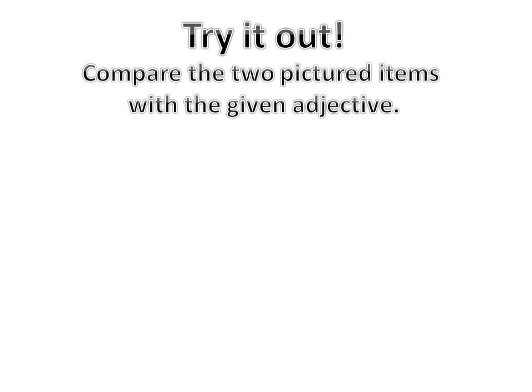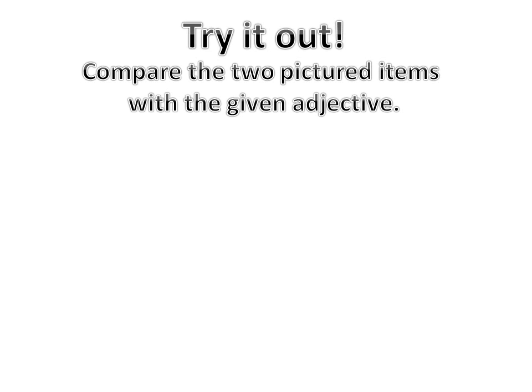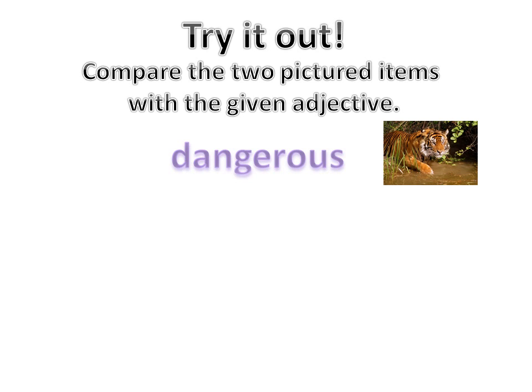Let's try it out. Take a look at the 2 pictured items and use the given adjective to form a comparative sentence using as. Our first adjective is dangerous. If we think of an animal that's dangerous, there are many, but one that comes to mind is a tiger.